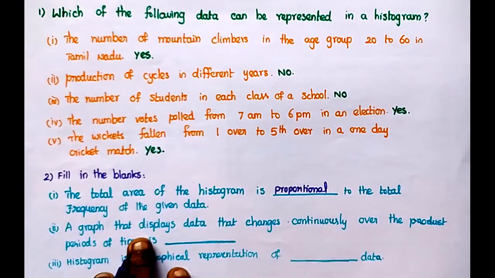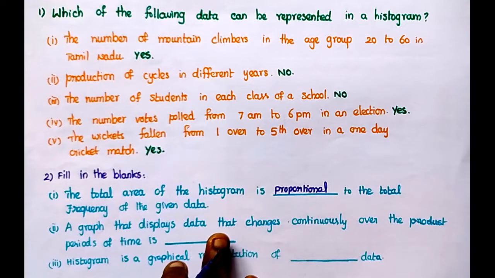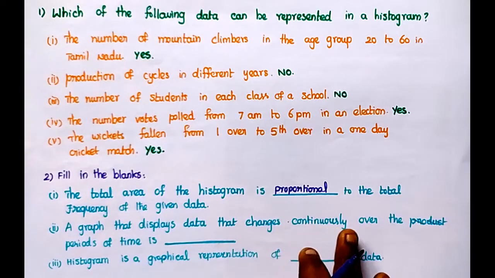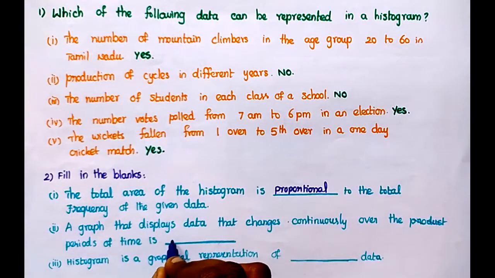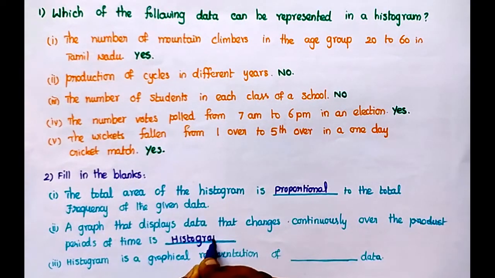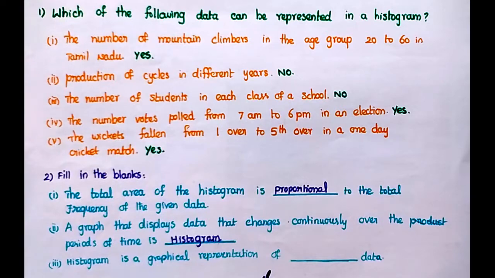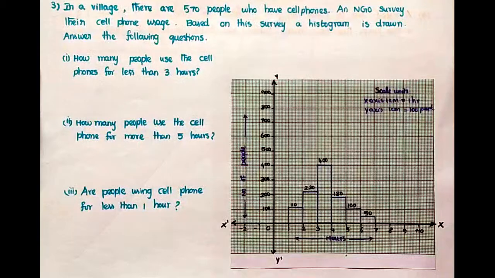A graph that displays data that changes continuously over periods of time is a histogram. Next one, a histogram is a graphical representation of which data? That is group data. Group data, that is the answer.